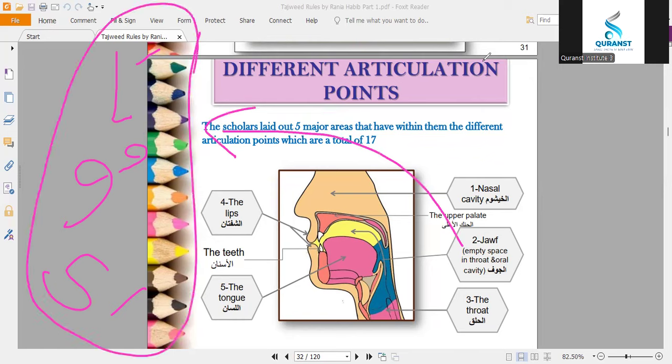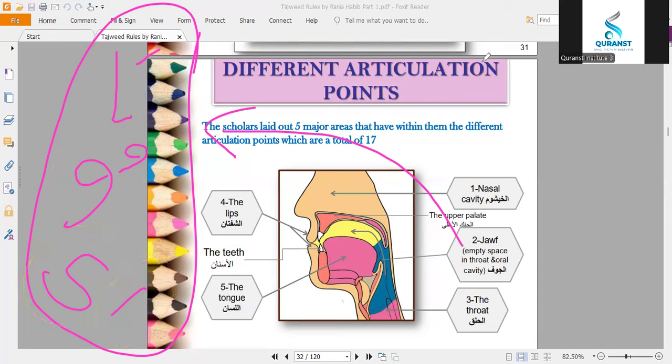You can't find any touched places in your mouth. And take care with that. Alif, in this case, is just a long time of al-fatha. Waw is just a long time of al-dhamma. Ya is a long time of al-kasra.